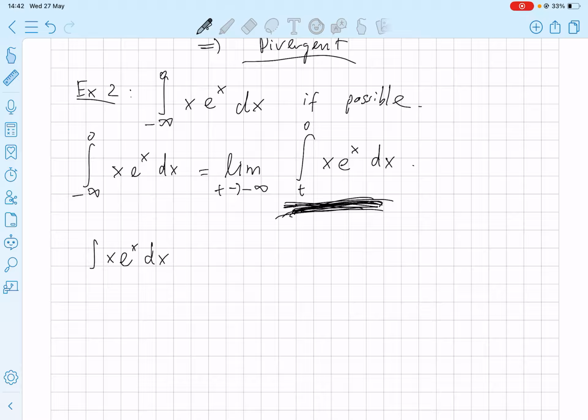You see this is a product of two functions. What does that remind you of? It reminds you of integration by parts, the first topic of calculus 2. So let's evaluate this indefinite integral using integration by parts. Let u equal x and dv equal e to the power of x dx, so du equals 1 dx and v equals e to the power of x.